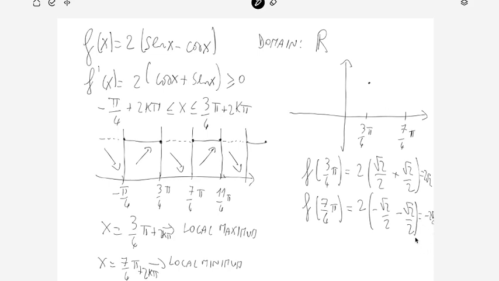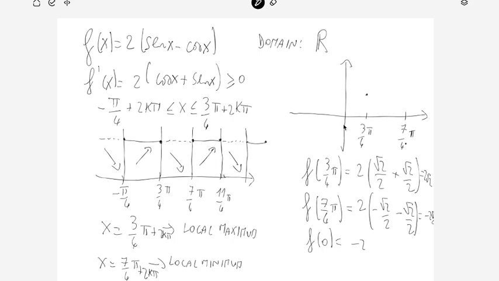Okay. So here 2 square root of 2, we can put here. Okay, so 2 square root of 2 here, minus 2 square root of 2 here. In 0 it is not important what the function does, but if we want to do a good graph also here, the function in 0 is minus 2.